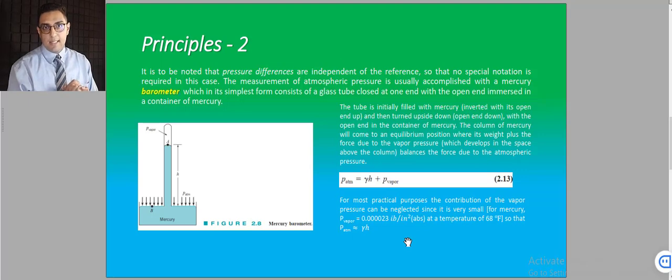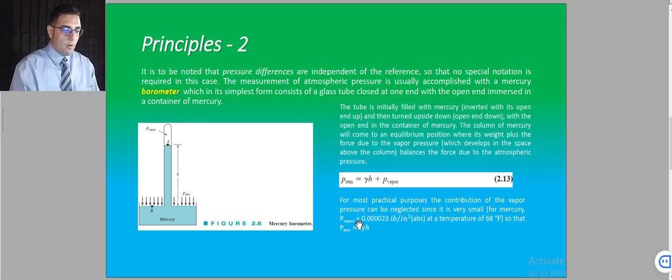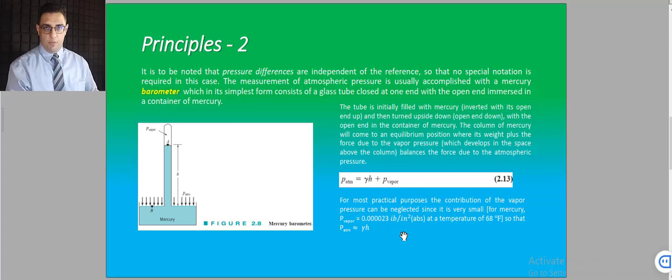Despite all of this, since the vapor pressure is such a little amount, we are not considering it, since the amount is 0.00023 pounds per square inch, which is so much lower.